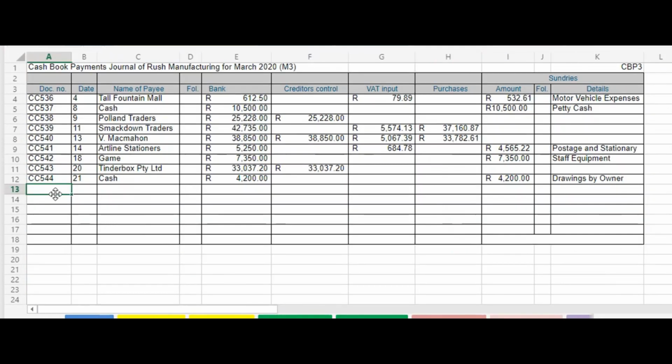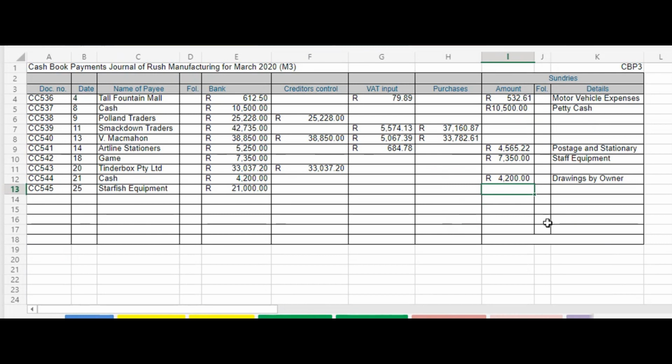Let's do that. Okay, so we have an amount, the document number, we have the date, we have the name of the payee. We know that the full amount leaves our bank account. Then we see what's happening, and because something weird happened earlier, there's now not an amount in there.